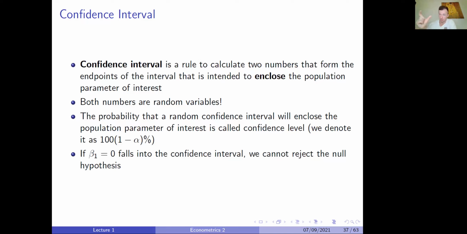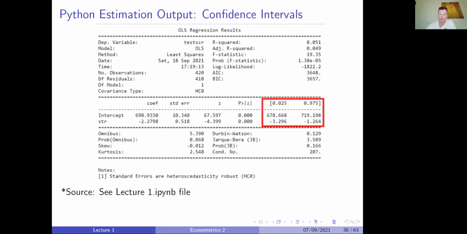Why? Because the confidence interval tells what the values of the population parameter are with a given level of confidence. So here in the regression output, we also have the report on the 95% confidence intervals for the intercept and for the slope.